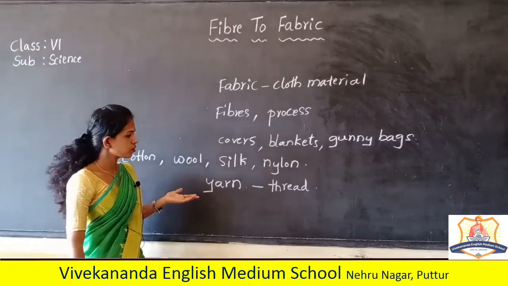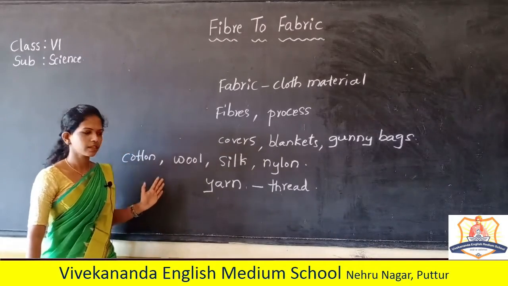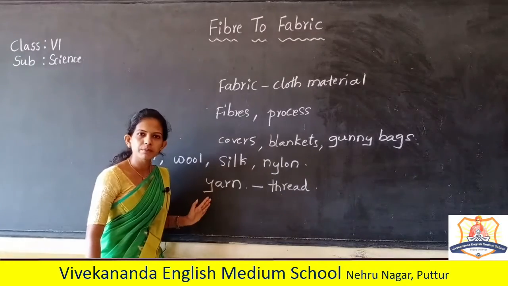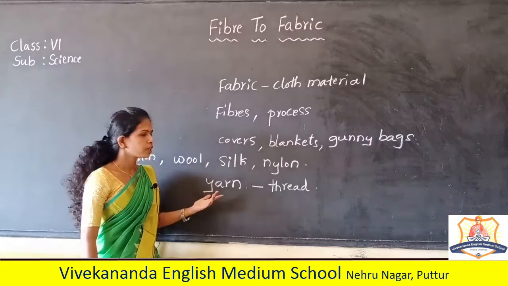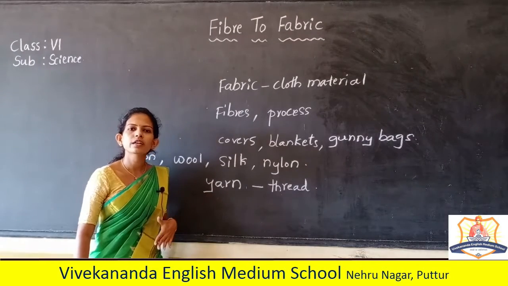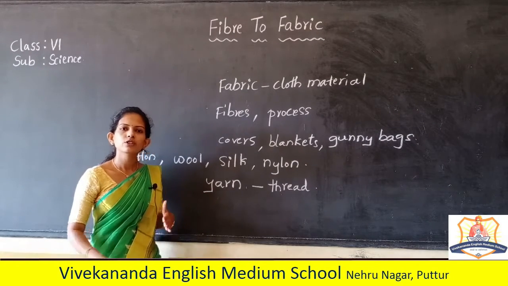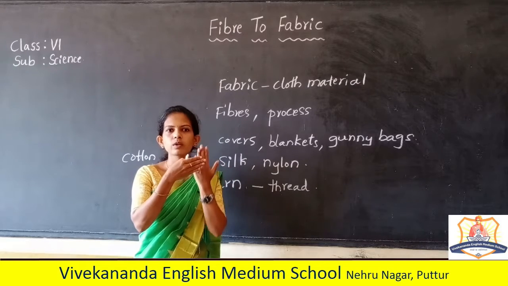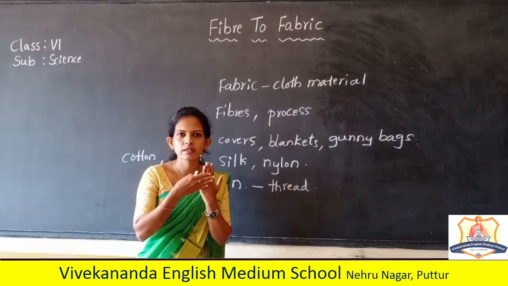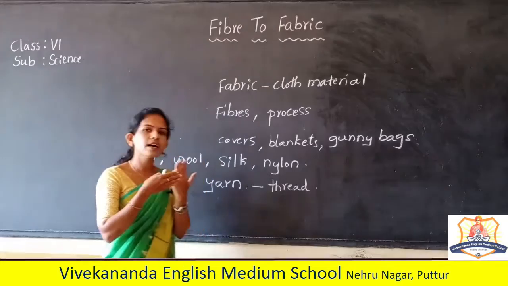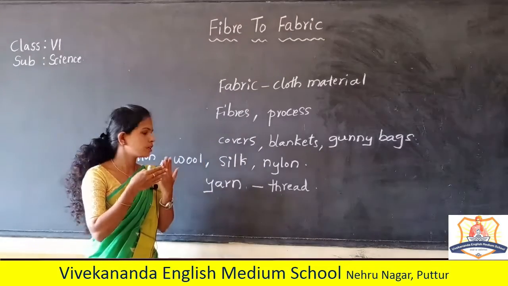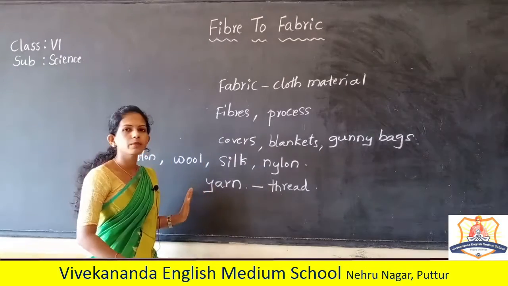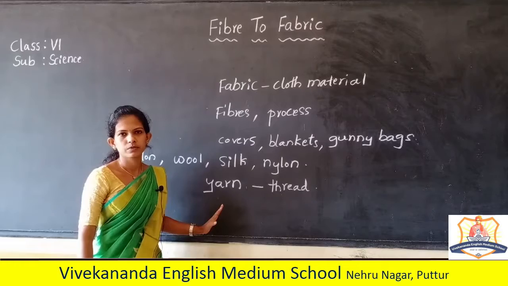Understood? So now we can say that a fabric is made up of yarns arranged together. You can see two sets of yarns, one in this way and another one in this way, right? So yarns are arranged in a particular order to make a fabric.